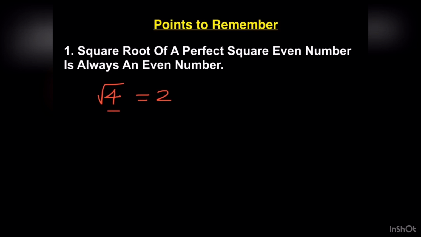Here 4 is a perfect square even number and square root of 4, which is 2, is also an even number. Let's see one more example. Square root of 64, which is equal to 8. Here 64 is a perfect square even number and square root of 64, which is 8, is also an even number.